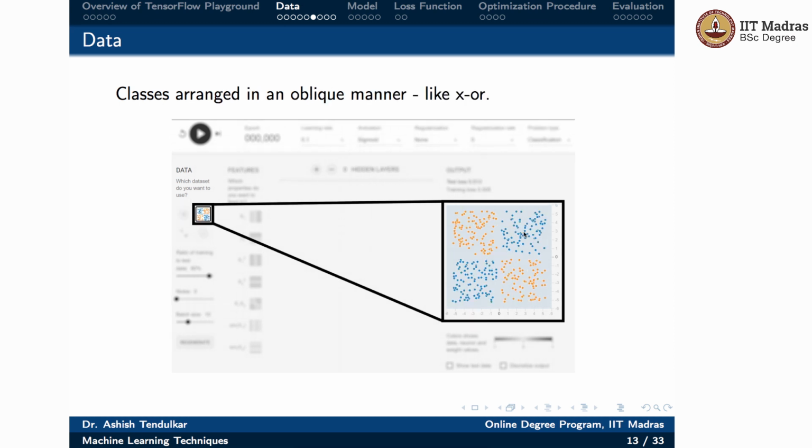Then we have an even more complicated setup where the classes are distributed according to XOR, right? A very complex decision boundary needs to be learned in order to separate two classes.